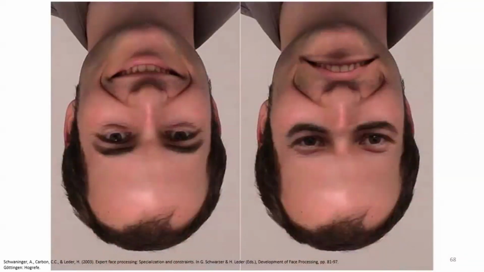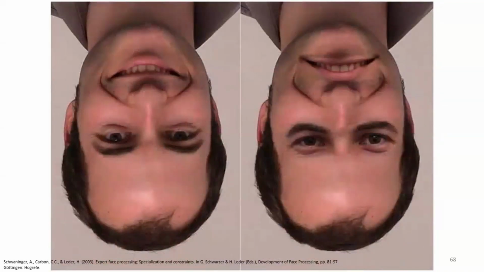And inverted human faces are not so important to us. So we have parallel processing units in our mind that process upright faces, but we do not have parallel processing units in our mind to process inverted faces.